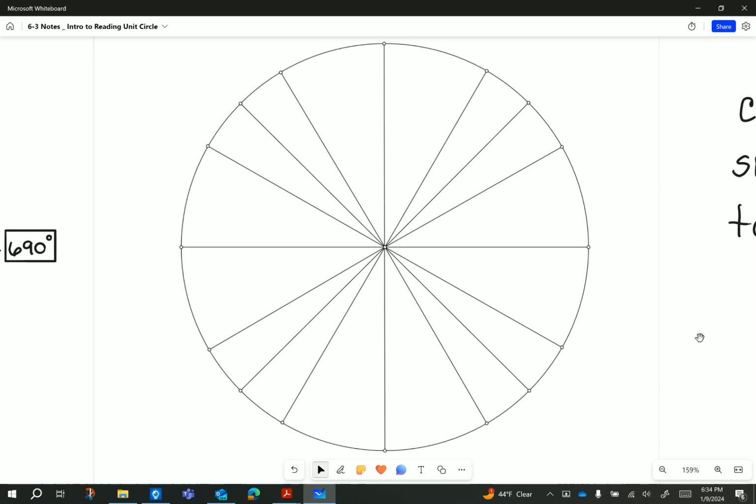Okay? So again, the unit circle has angles measured in degrees and in radians. We're going to first work around this unit circle and label our angles in degrees. Now, in past math classes, geometry especially, you learned that one full revolution around a circle is comprised of 360 degrees.